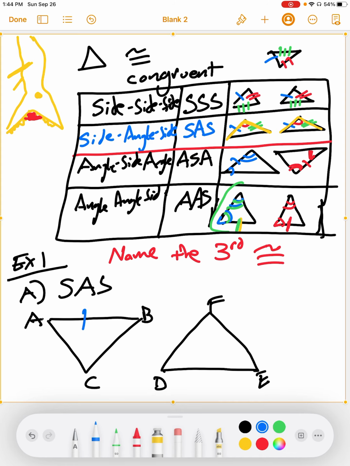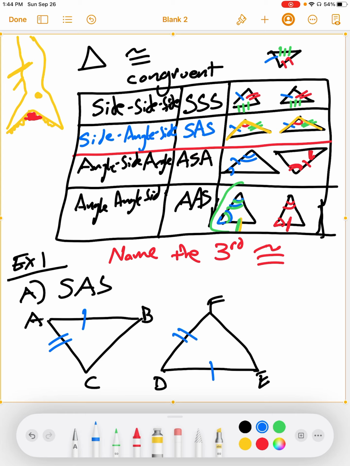Let's say they gave us side AB congruent to DE, and then side AC, okay, side AC, we're going to say that's equivalent to DF.